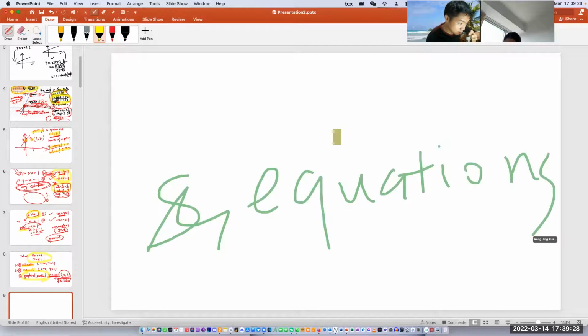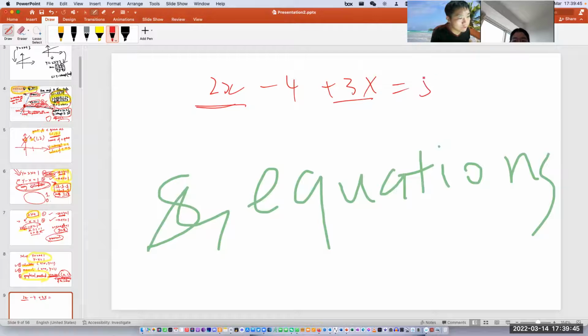Set equations, expressions, combining them together, that kind of stuff. Something like 2x minus 4 plus 3x, and these two you can combine, so you get 5x minus 4.